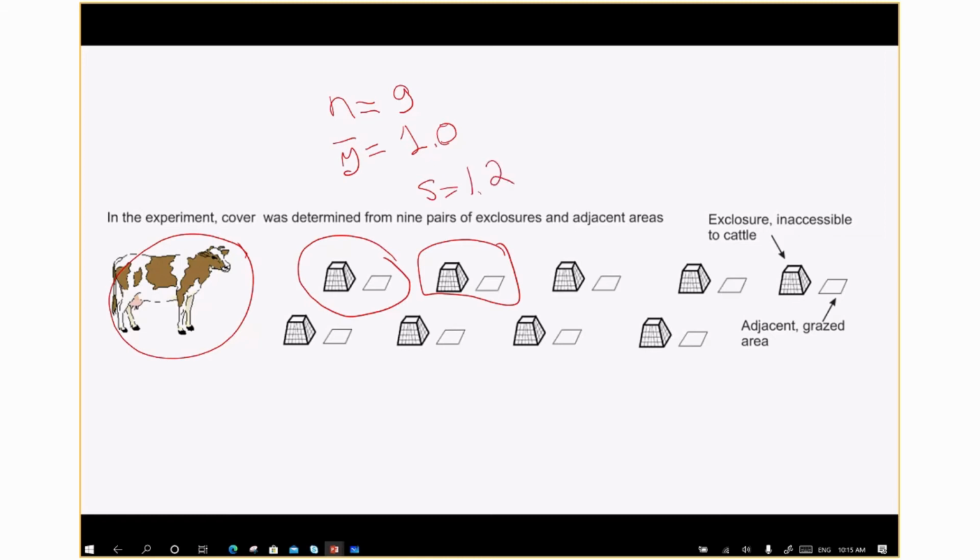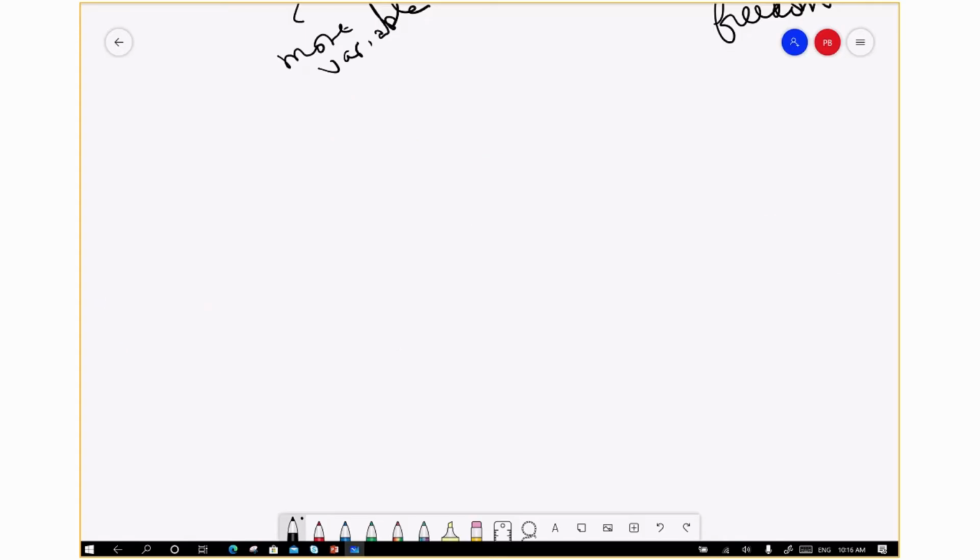So let's do some calculations. So we've got n is equal to 9. We've got y bar, which is equal to 1.0. And we've got S, which is equal to 1.2.